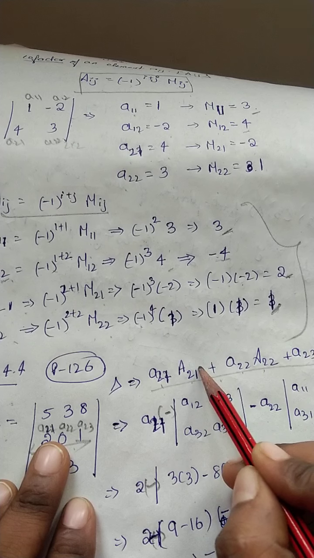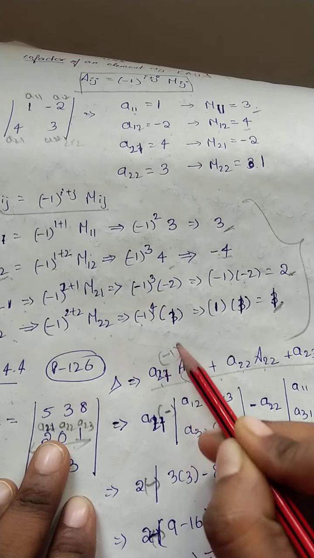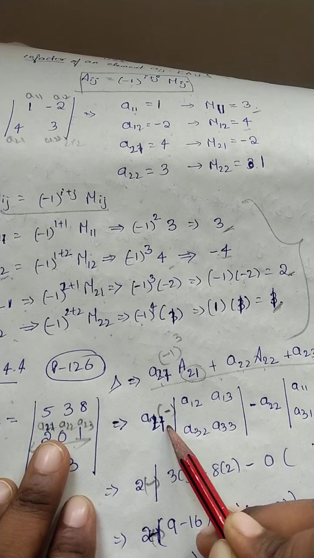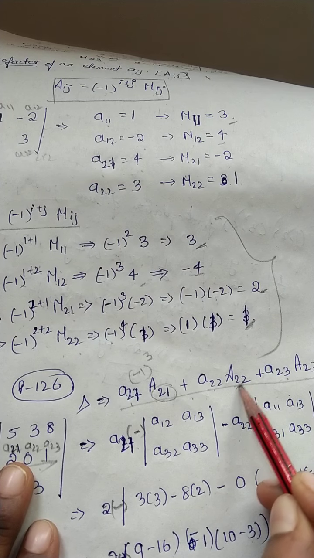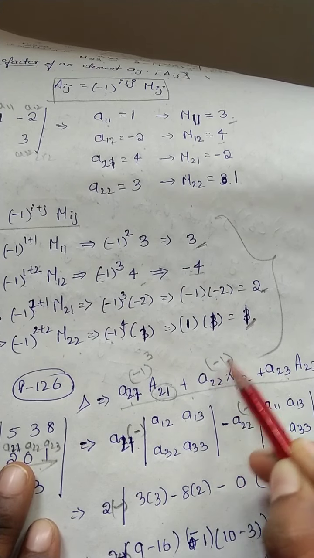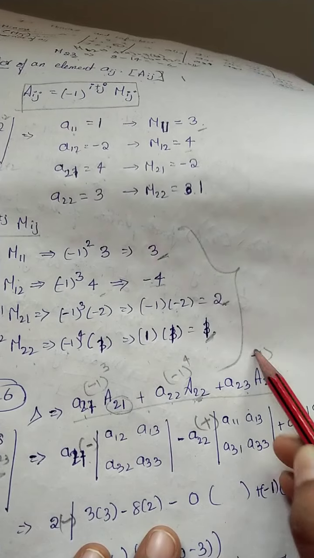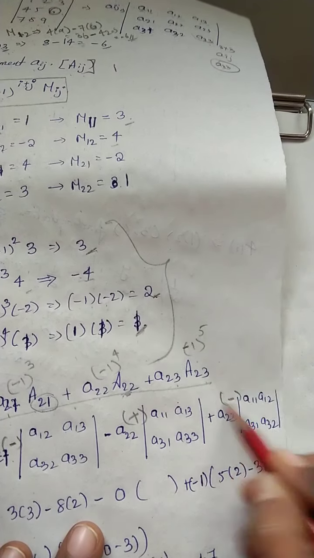Here you should consider one thing. Here it is 2 plus 1, so minus 1 to the power 2 plus 1, cubed, so this value will be negative. And this value will be positive because for 2 plus 2, minus 1 to the power 4 is positive. Now for A23, minus 1 to the power 5 is negative, so this value will also be negative.